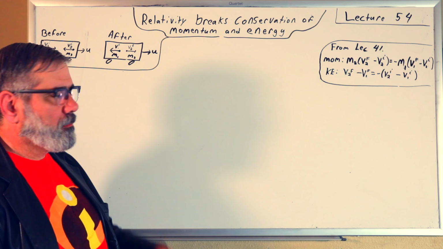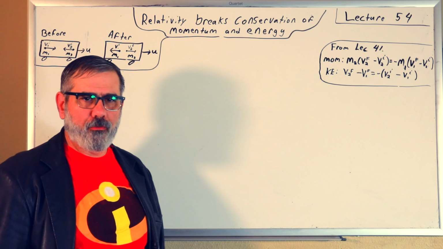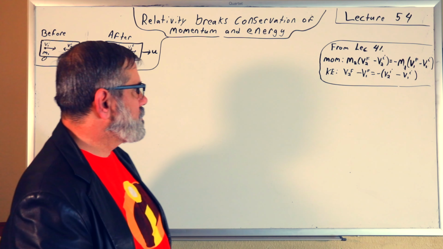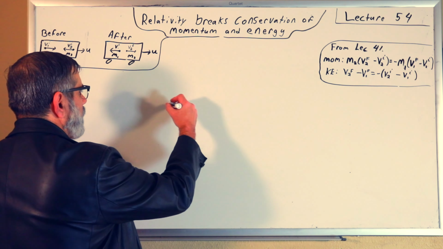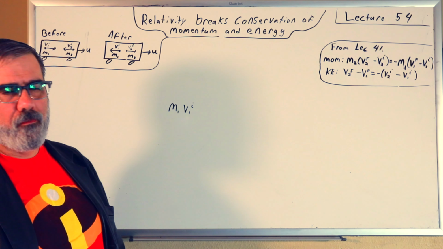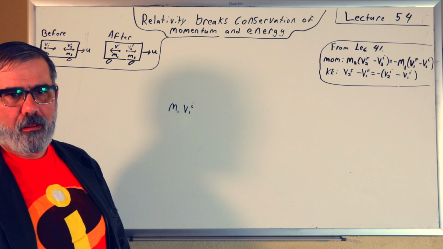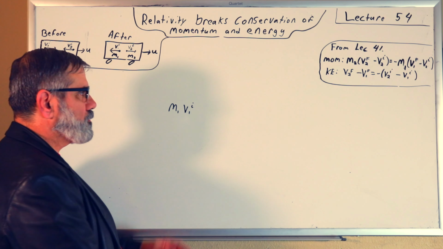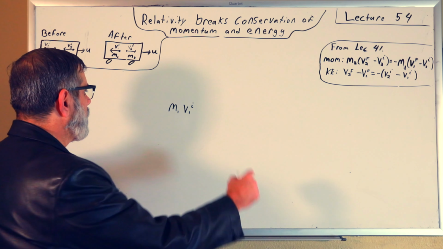In lecture 41 we talked about elastic collisions, and so the example we're going to go through today will be of an elastic collision. The first equation here is just conservation of momentum, and if you were to write that out as m1 times v1 initial, I'm putting the initial and final in the superscript position. If I were to put the particle number there, you might think it's squared or something. This is for two particle systems only, by the way.